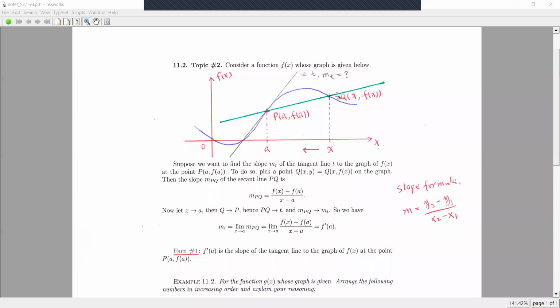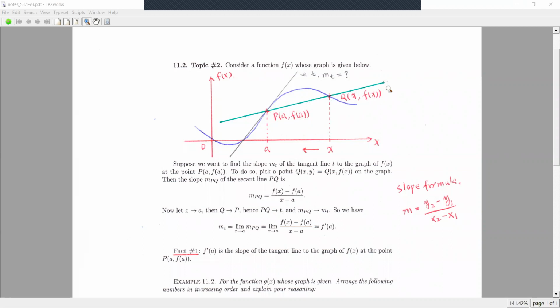On the graph of the function, I pick a point Q. Suppose the x-coordinate of Q is x. Because Q is on the graph of the function, the y-coordinate is the function value at x. Now, join P and Q with a line.